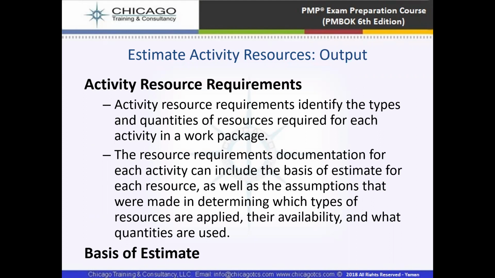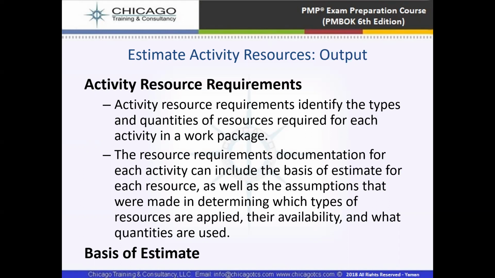And we have outputs like activity resource requirements, like the types and quantities of resources required for each activity in the work package. So then we reach the point that this type of resource is required for that particular work package.